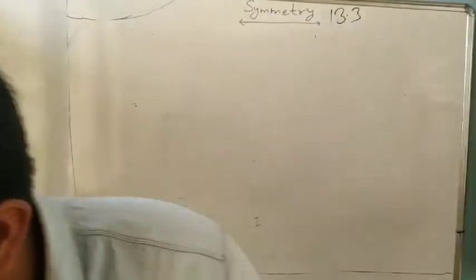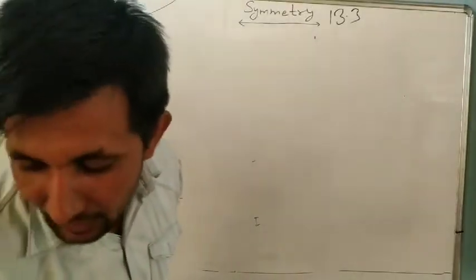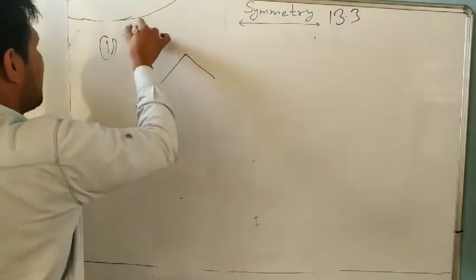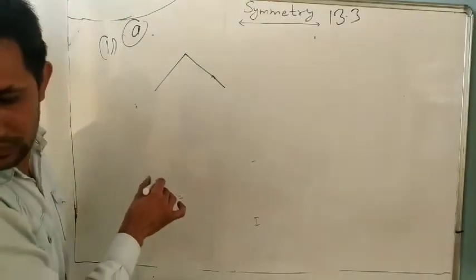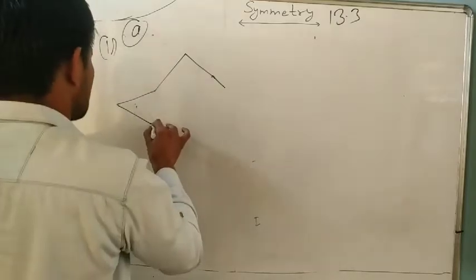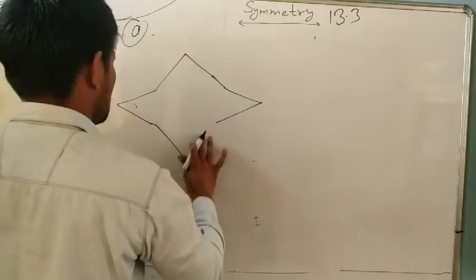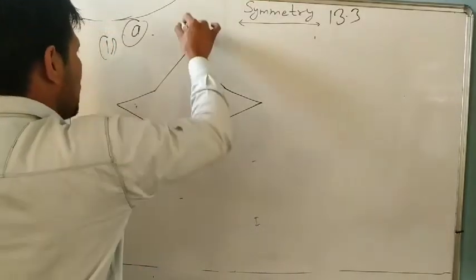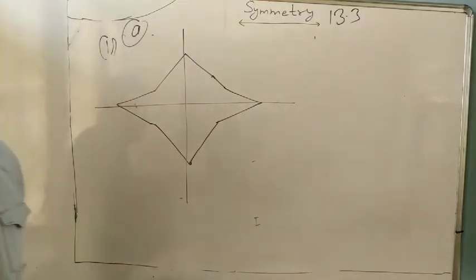In the first question, how many lines of symmetry are in each of the following figures? In the first part, A, we already finished lines of symmetry in 13.1 and 13.2. 1, 2, any other line of symmetry?